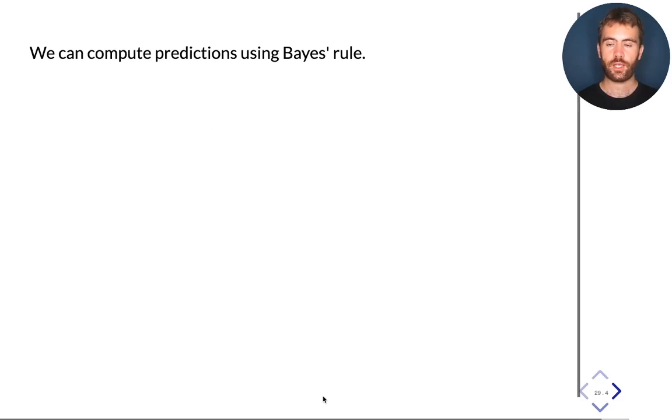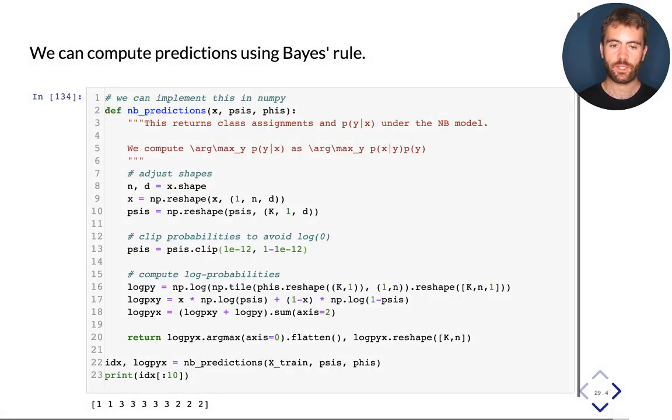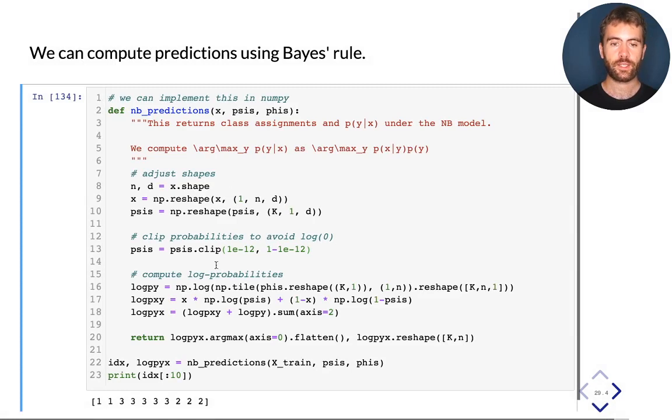Now, in order to compute predictions, we implement a form of Bayes' rule. Again, this is a really simple function in Python. I'm doing a little bit of reshaping here in order to vectorize these operations, and I compute the log probability of the class y. I compute the log probability of x given y, and now I can simply compute the log probability of y given x by applying Bayes' rule, which combines these two terms.